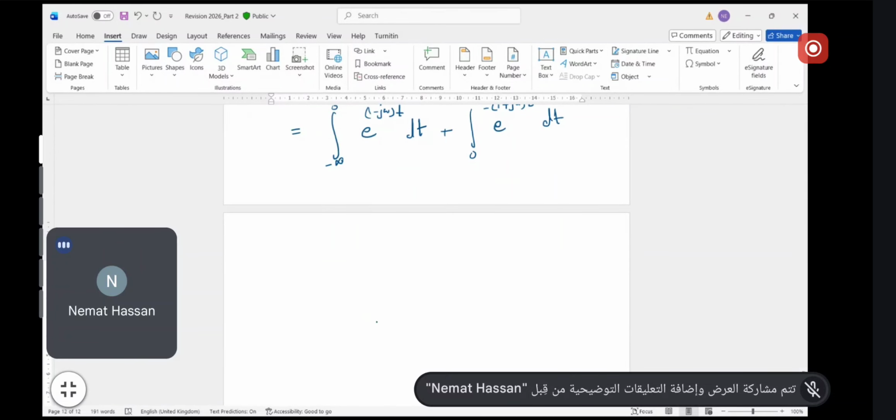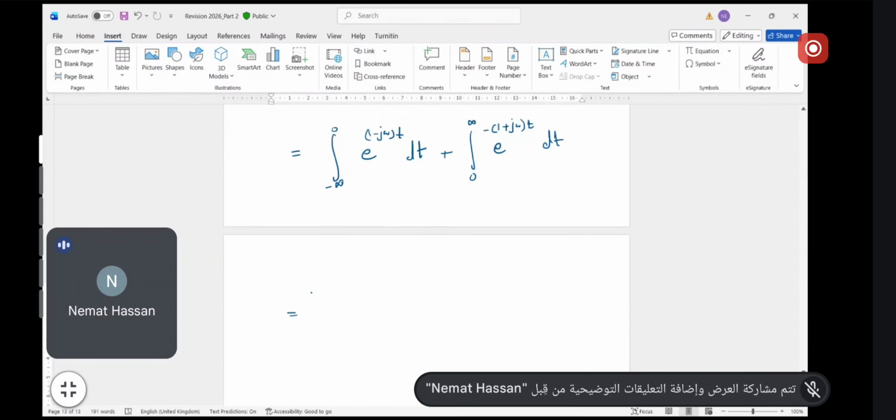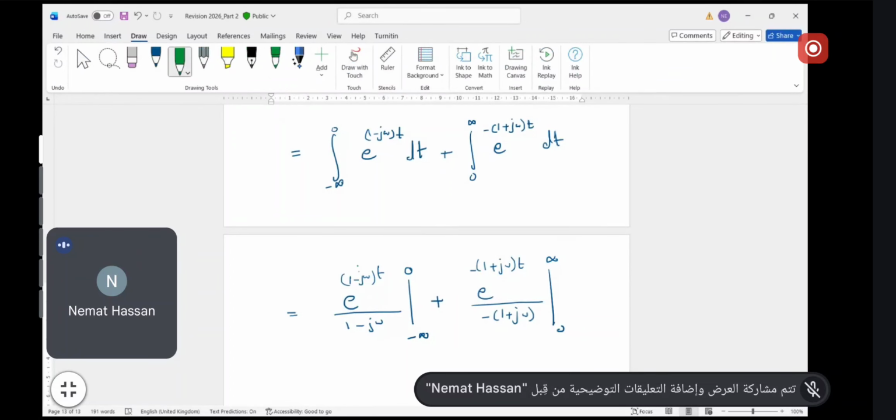Okay. Which is equal to what? The exponential integration is the same exponential function divided by the factor 1 minus j omega from minus infinity to 0, plus the same function divided by the factor of t, which is minus 1 plus j omega, from 0 to infinity. And we have to substitute limits in place of a variable.